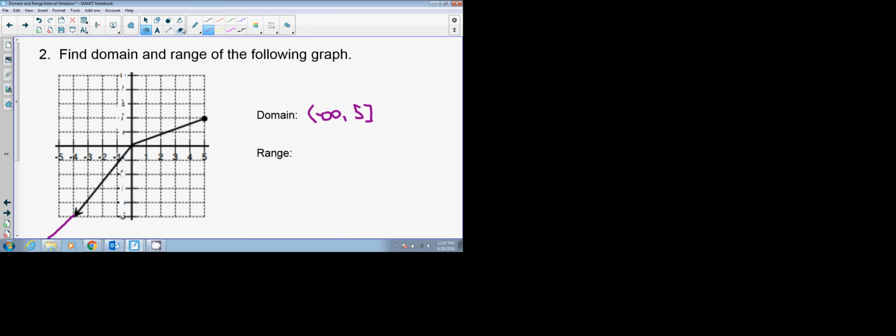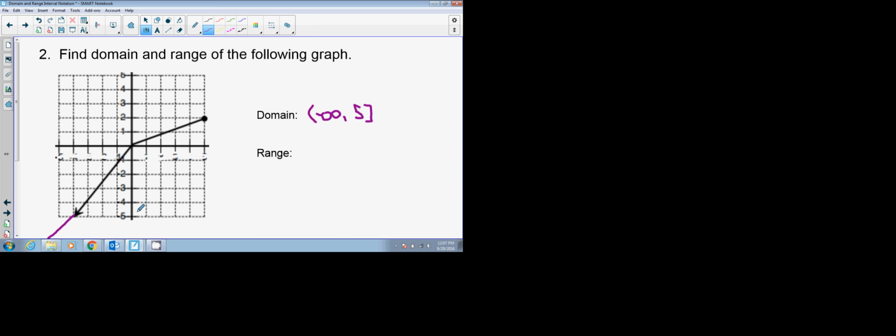All right, so now we look at the range. For range, remember we're looking at the y values. So just like before, this time I'm going to cross out the x because the x does nothing for us this time. I'm trying to find the smallest possible y and the largest possible y.